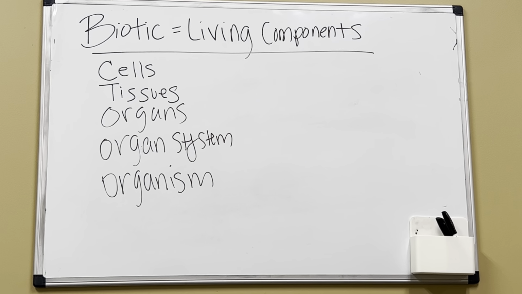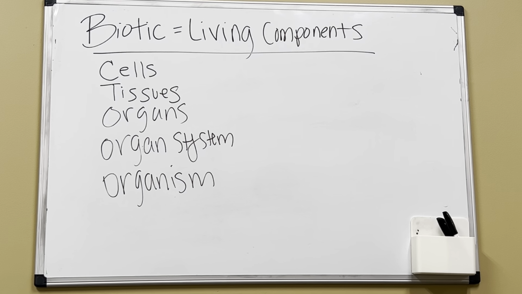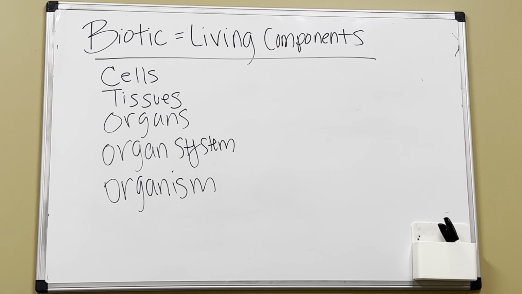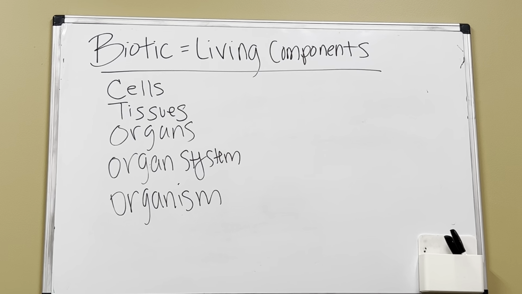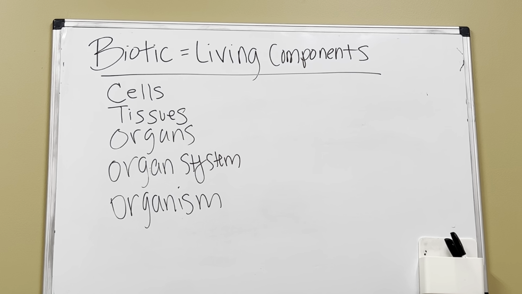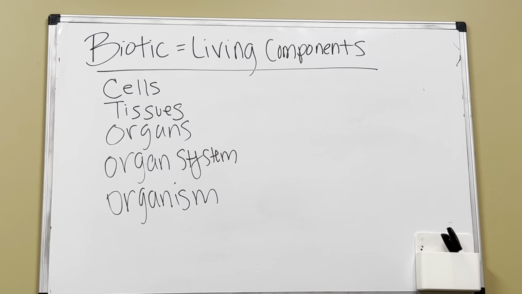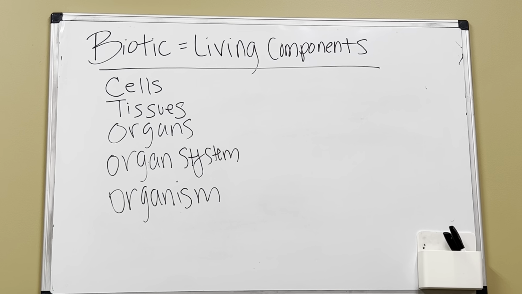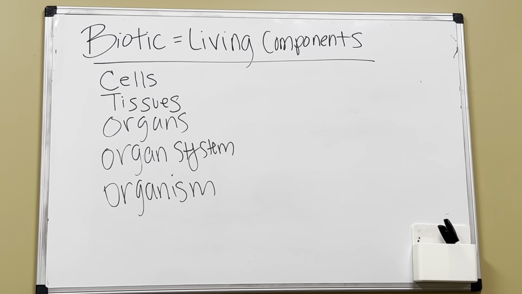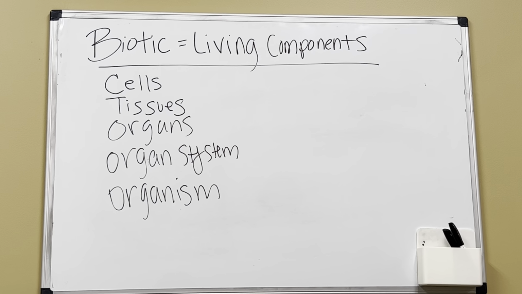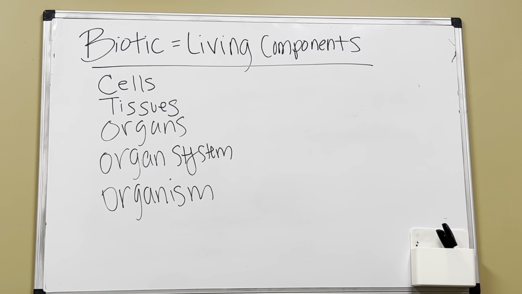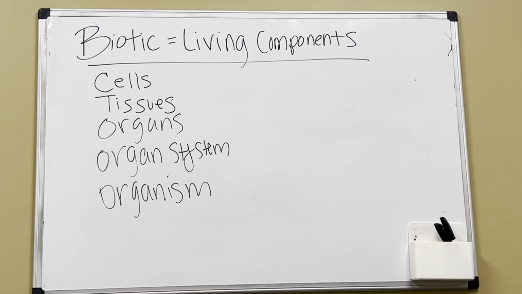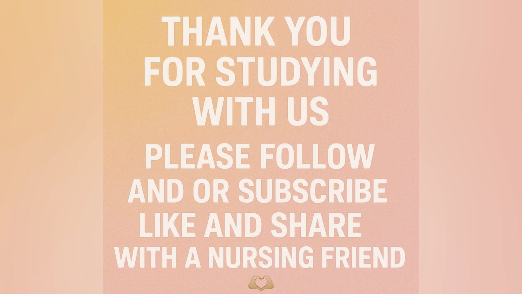Two or more tissue types that work together to perform a specific function make an organ. Multiple related organs that work together to coordinate certain activities to achieve a common function make an organ system, such as your digestive system. All of the organ systems that come together create the highest level of organization, which is an organism, which is a living person, basically.